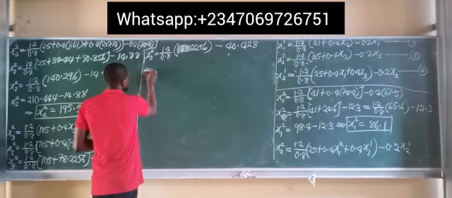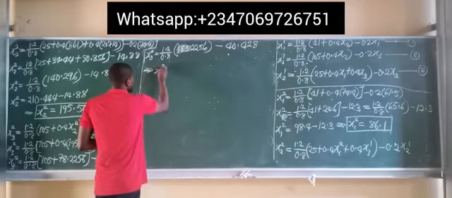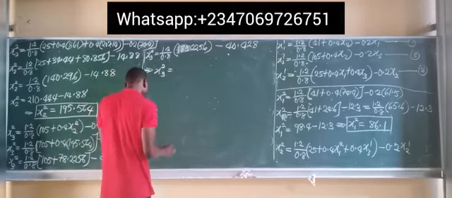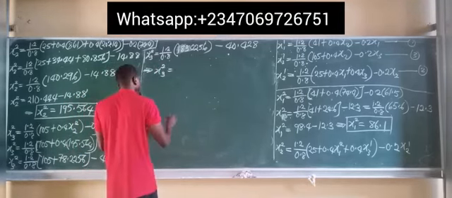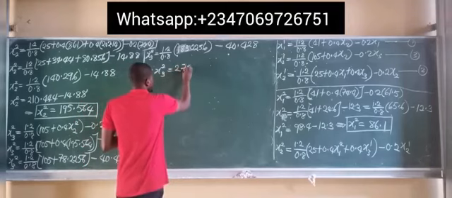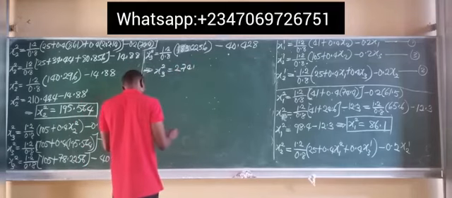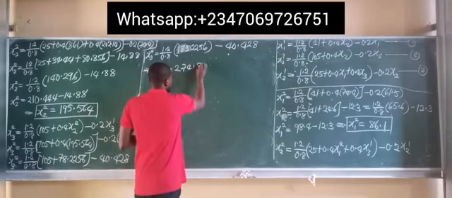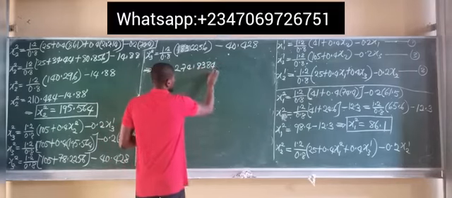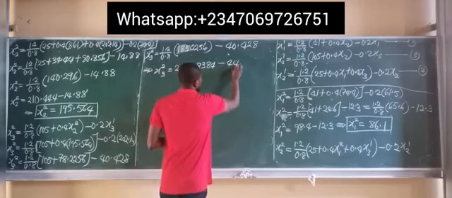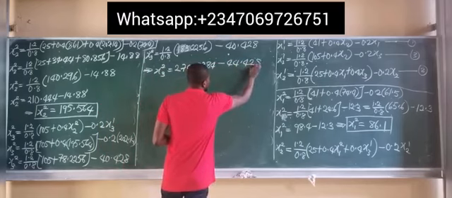So this implies that x3 of 2 is now equal to 274.8384 minus 44.428.